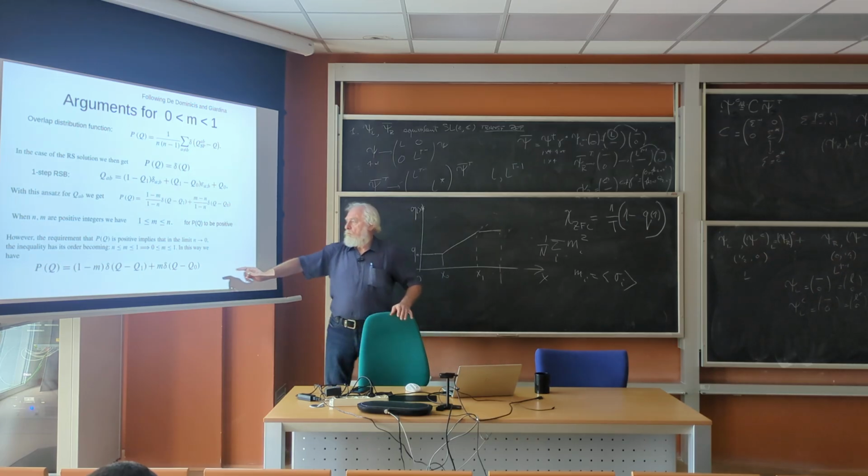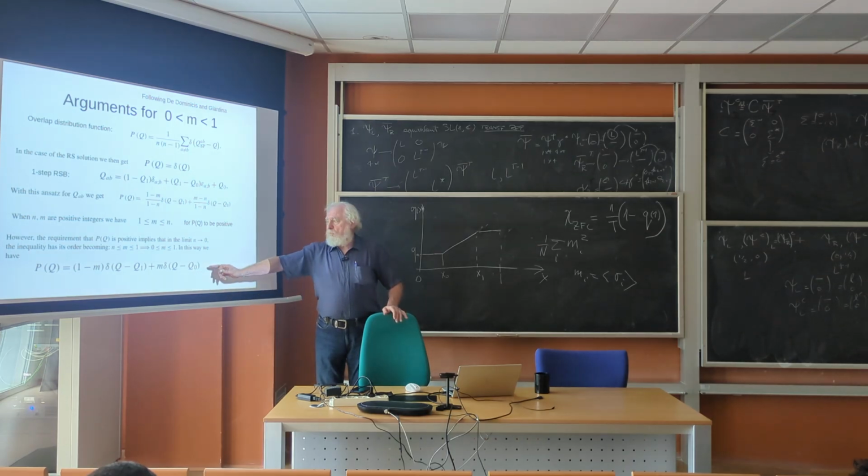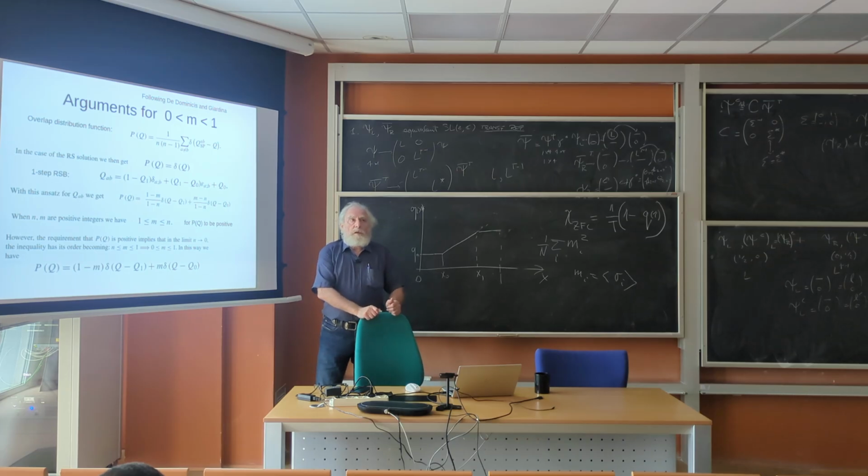So the probability distribution tells us that either we have self-overlap or here we have 0. So the overlap between different metastable states is 0. They are not correlated. This is what we learned from one-step replica symmetry breaking. The statement is there are many states, and different states do not correlate.